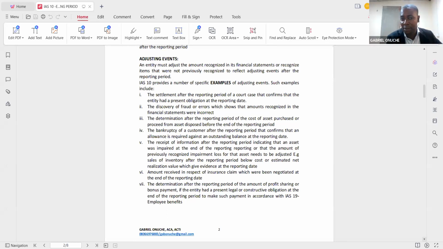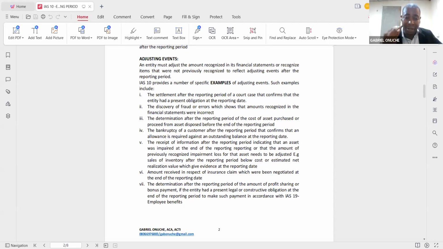since 2022, right? And after 2022, which is after the year end, the court now ruled against or in favor. Whichever materializes, it can be in favor, it can be against. If it is so, given the evidence, an opinion that there is a tendency that the company may not win the case, then there is a need for a provision.